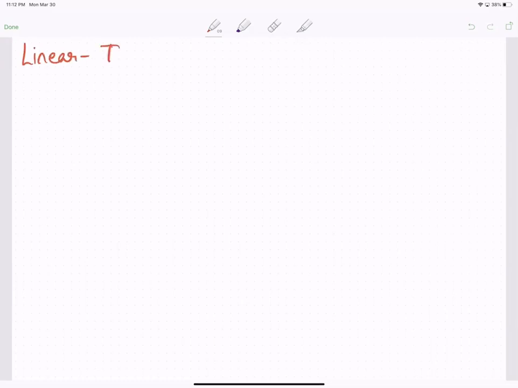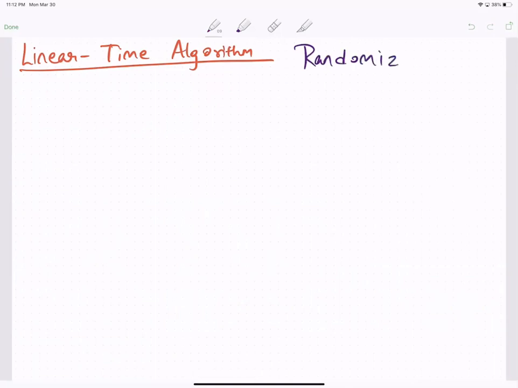So linear time algorithm is what we are aiming for. There was one trick which we have not used till now, and that is randomization. It's a very powerful idea, especially in this context, because our sequence of points P1 to Pn could be very bad, since the bad case can happen every time.